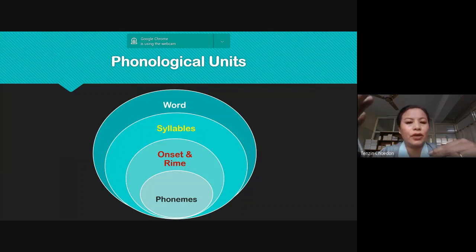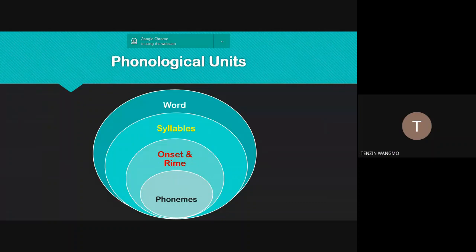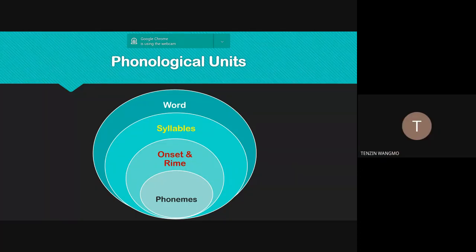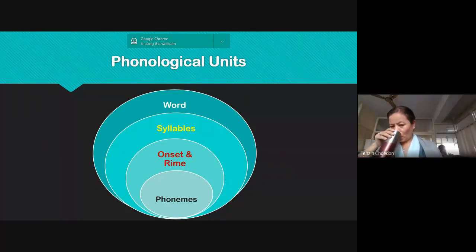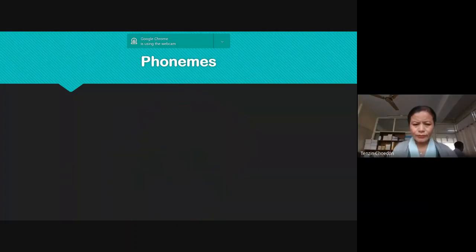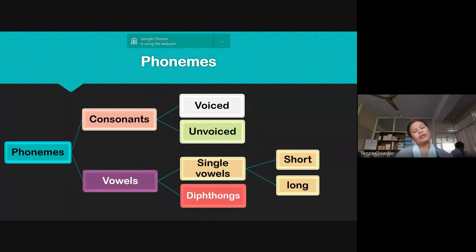So if we go from bigger to smaller, or if we build from the smallest unit, we go from phoneme, then onset and rhyme, syllables, and we get word. Is it clear? Okay, ma'am. Thank you.